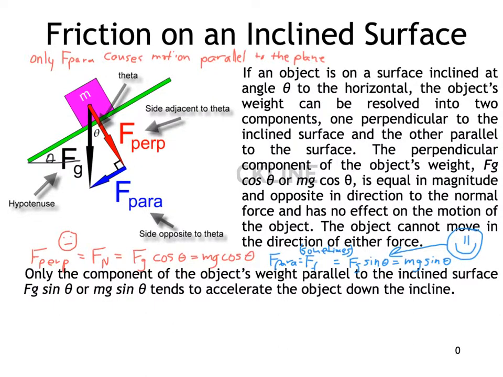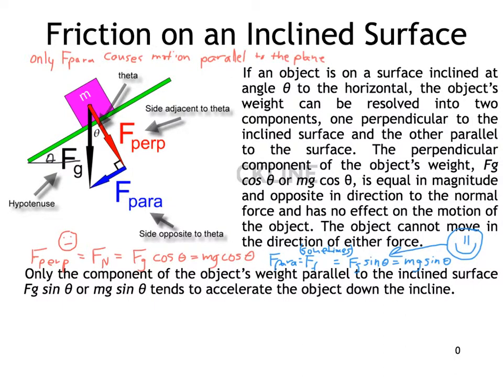And that is going to be highlighted in this equation, which I'll speak a little bit more about in a few moments. But there is another component. We have the weight, which always points down towards the center of the Earth. We have the component of weight, F para, which would carry the object down the plane. And we have another component, which is F perp, which is the component of the weight which is perpendicular to the plane.